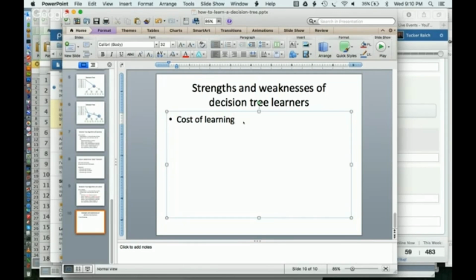To build a parametric model using linear regression takes a little bit longer than it does to just save things to memory like KNN, but doesn't take quite as long as it does to build a decision tree. And for building a decision forest, you got to multiply that by however many trees you're going to have in your forest. Next is cost of query.